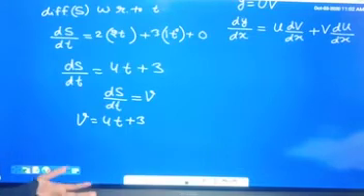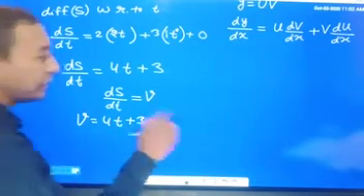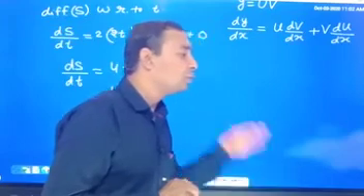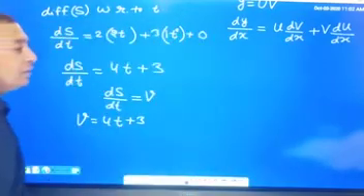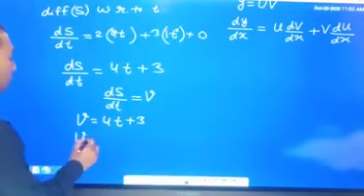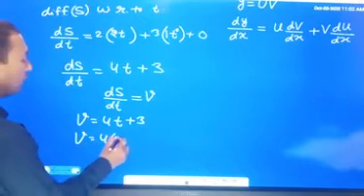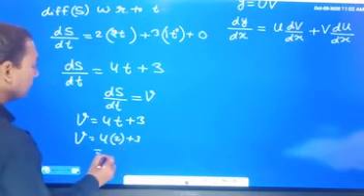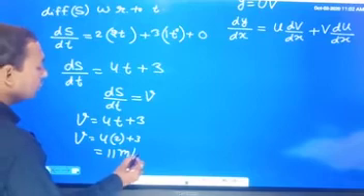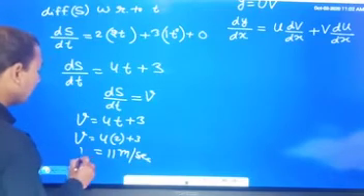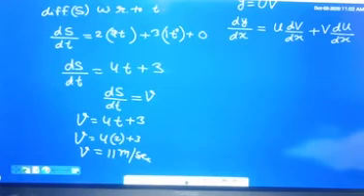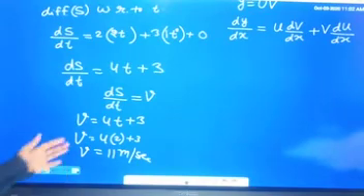Okay, now what is t? t is given as 2 seconds. Find the speed at t equal to 2 seconds. Now put the value of t as 2. Then 4 multiplied by 2 plus 3 becomes 11. So the speed of the body at t equal to 2 seconds is 11 meters per second.